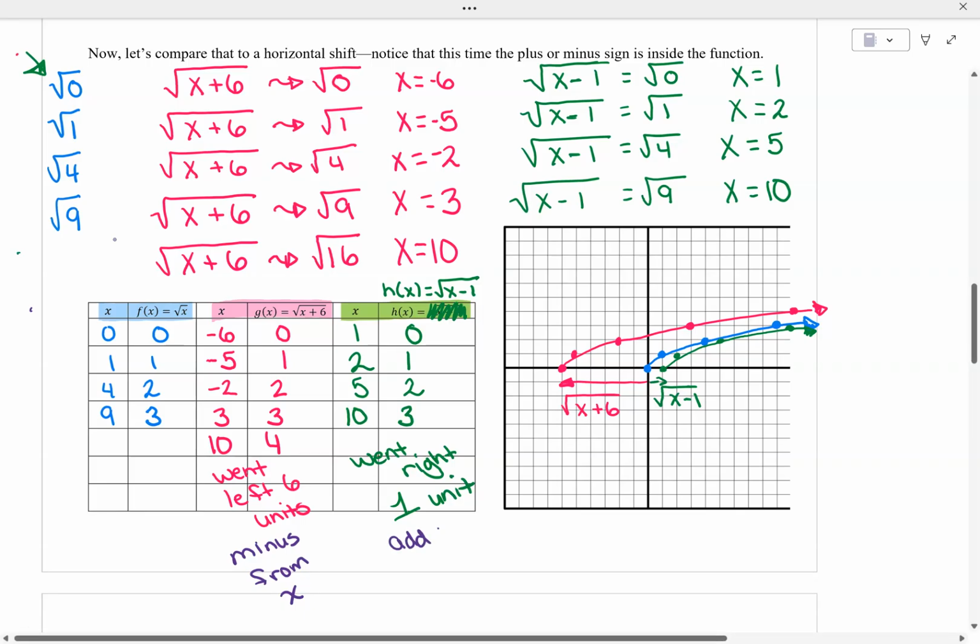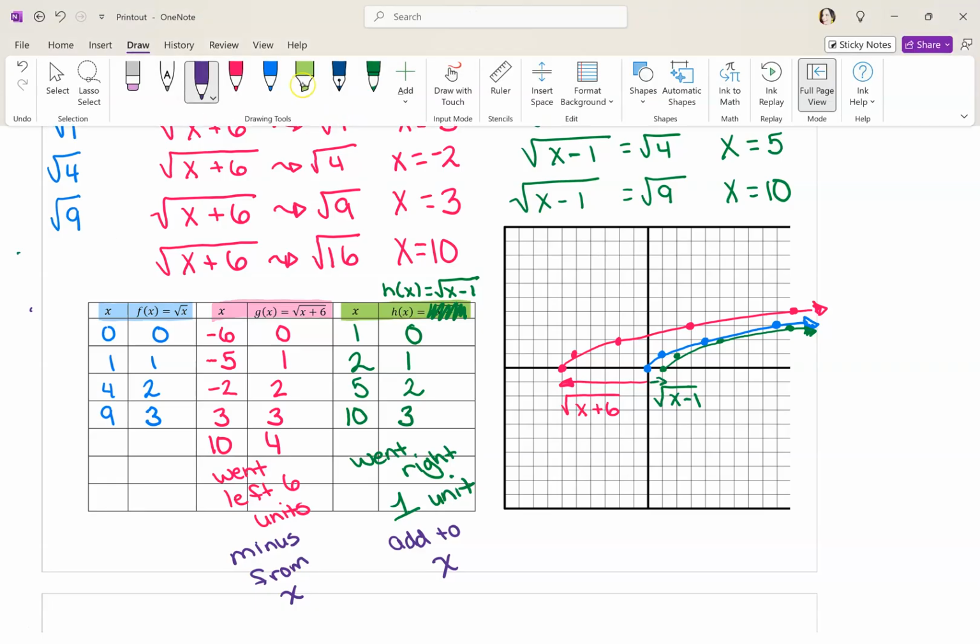This one, we add to our x because we're moving to the right. Even though it says minus, notice what happens to the math. We have to move right. Okay, so hopefully all that together, minus my typo, will help you a little bit on the horizontal.